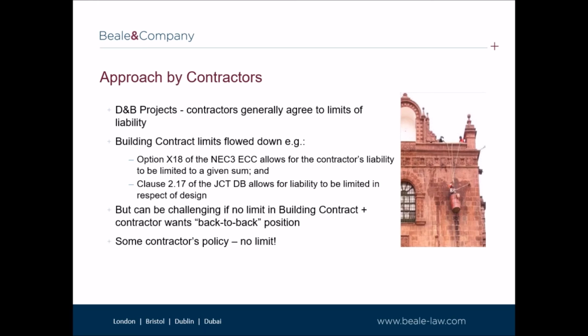And another example is clause 2.7 of the JCT design and build contract, which allows for liability to be limited in respect of design. As such, where the contractor adopts a standard form building contract, which incorporates a limit of liability, the consultant may find it easier to negotiate a limitation and exclusion clause in its appointments.